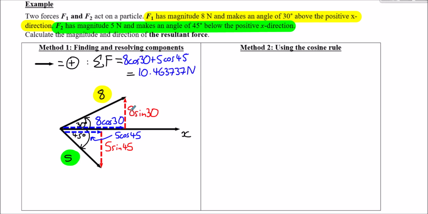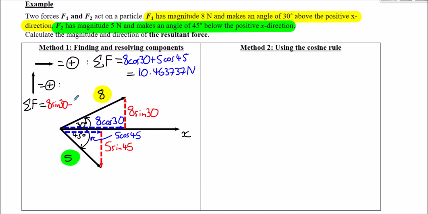We can now also work out the total force going either up or down. So if I just take, for example, up as the positive direction when I'm resolving upwards, then the total force going up is going to be 8 sine 30, because that's going in the same direction, minus 5 sine 45, because 5 sine 45 is going in the direction opposite to what I'm deeming as being positive.